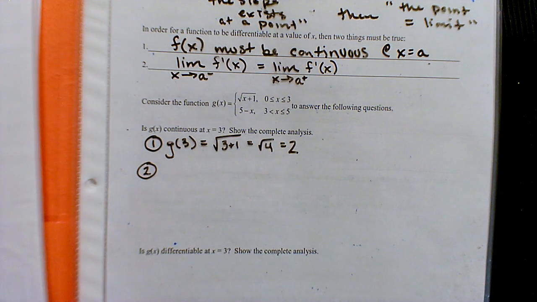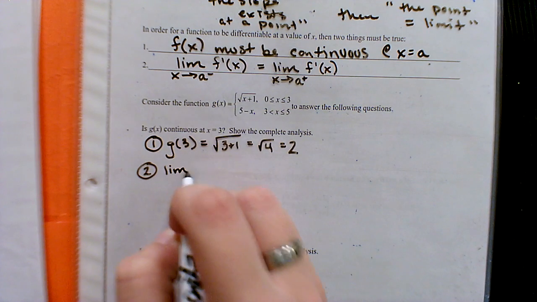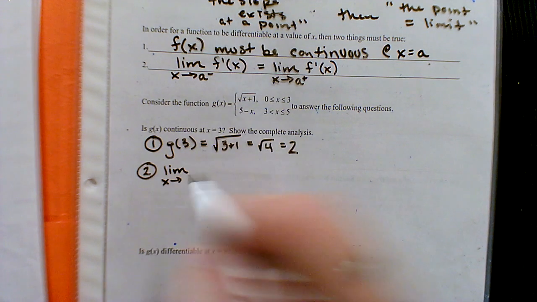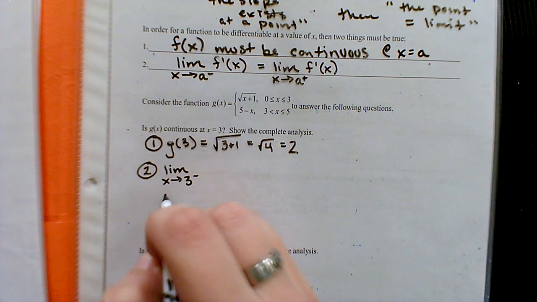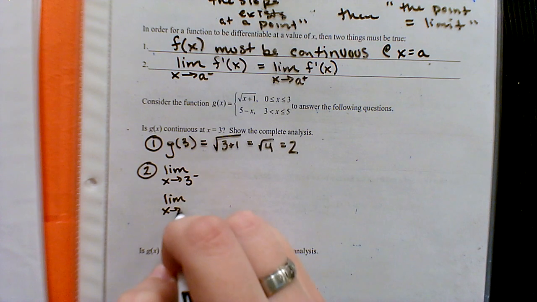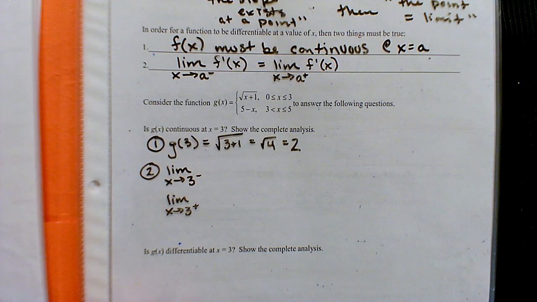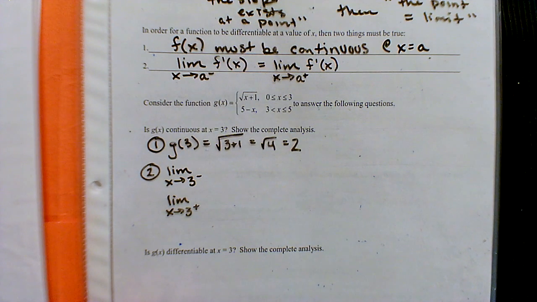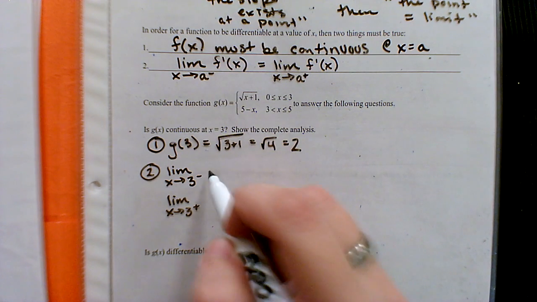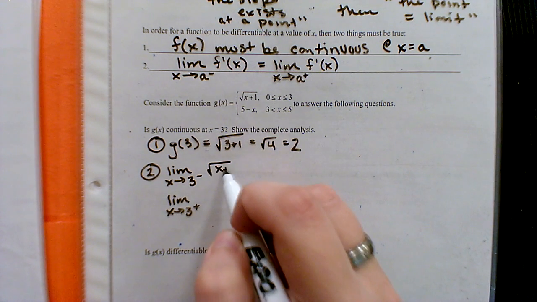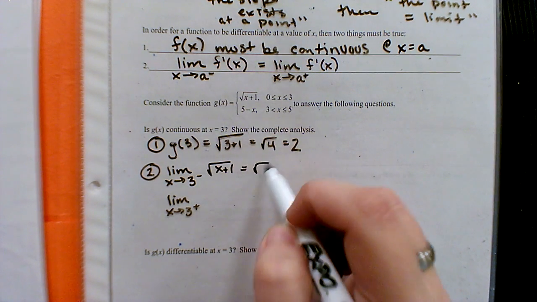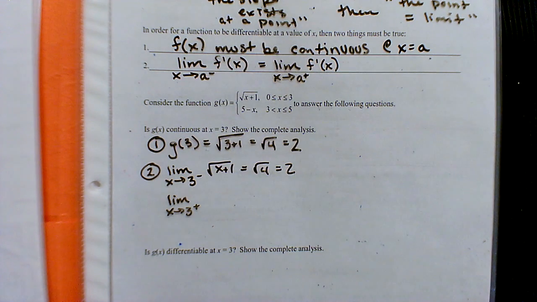Let's go ahead and check out the limit. So we have to check the left of 3 and the right of 3. Which equation should we check to represent the left-hand side of 3? The first one again. So if you were to plug in 3 into that first one, we already know we should get 2.